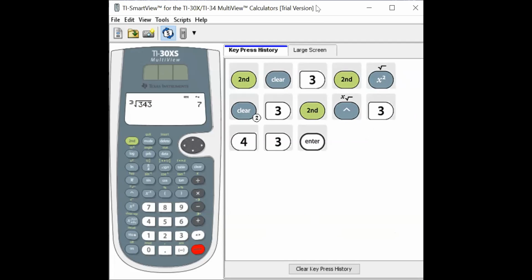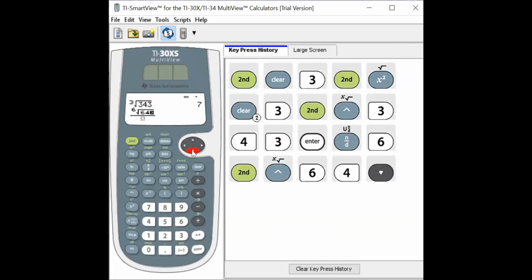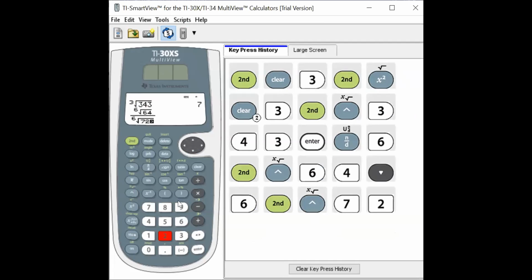So on your next one, let's see if this will work. The 6th root of 64 over the 6th root of 729, and that equals 2 over 3, so that would work. Sometimes this calculator that we have in class is going to work on these, and sometimes it is not.